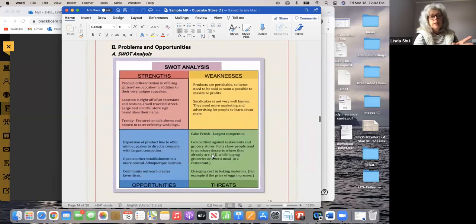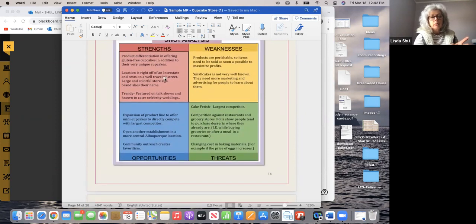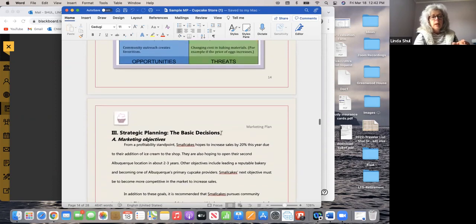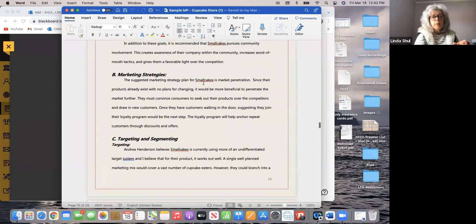Okay, so here is the SWOT analysis, and you can see they have at least 3 statements. This one only has 2, but they have 3 things for each: strengths, weaknesses, opportunities, and threats. The marketing objective is measurable and time specific. The marketing strategy has market penetration.